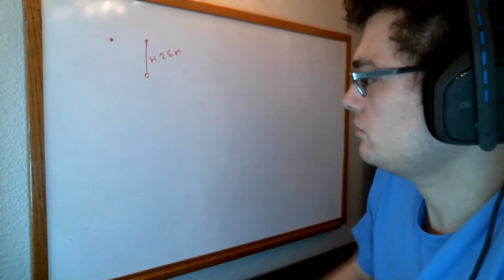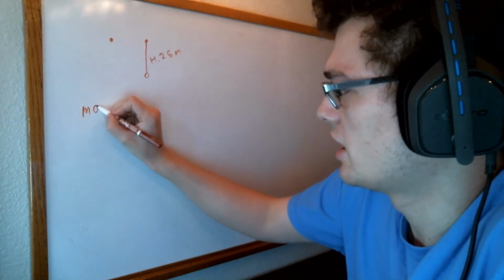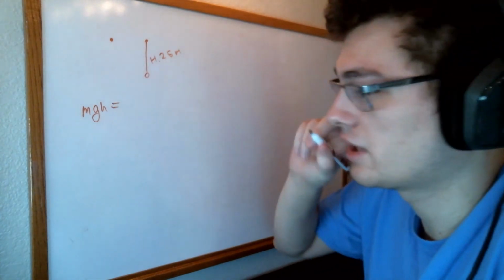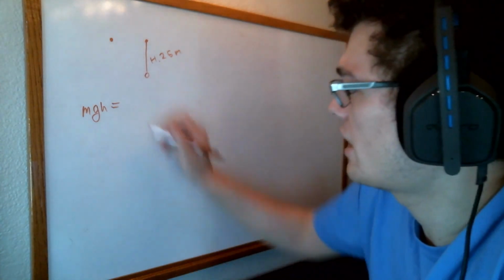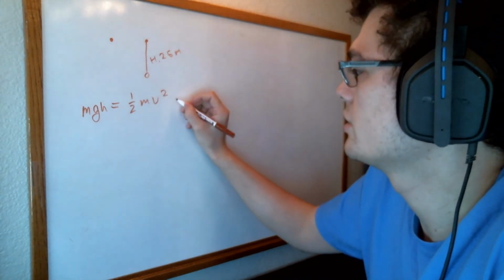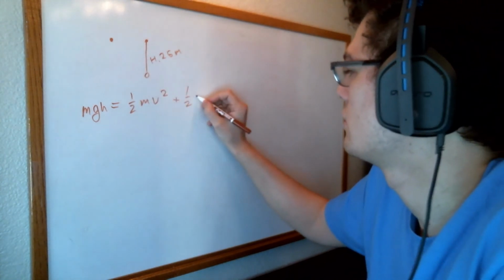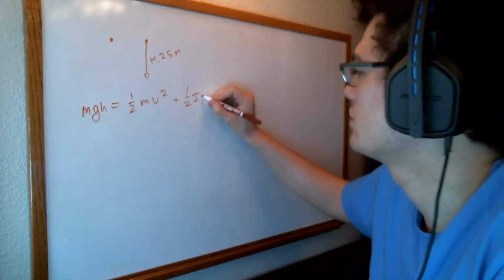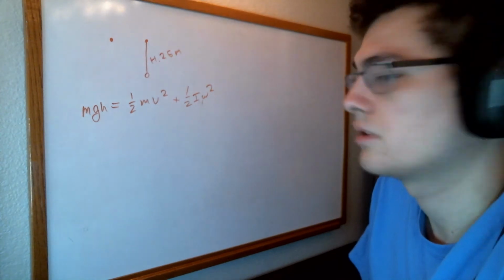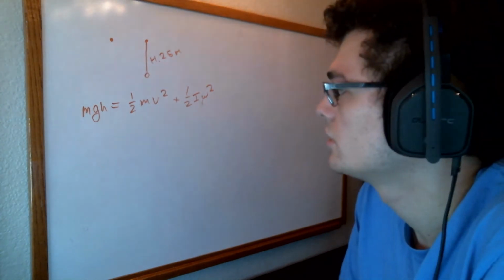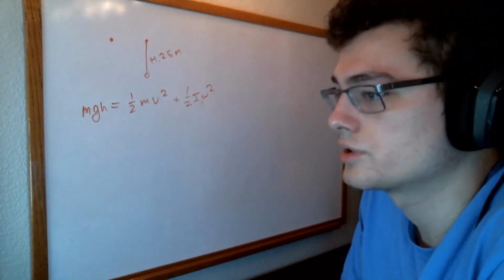So at the beginning, it has mgh potential energy, and at the end, it'll have 1/2 mv squared plus 1/2 I omega squared. And so we'll have to do this conservation of energy here, and we can start to put this together.